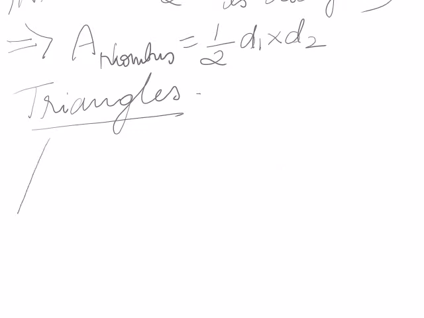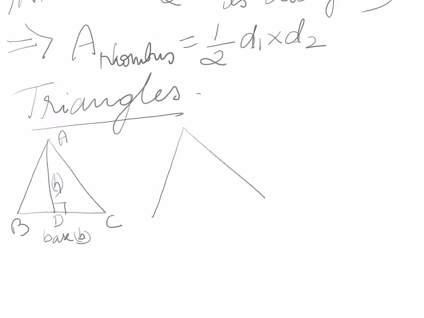Suppose this is the triangle A, B, C. AD is the perpendicular drawn from vertex A. So if BC is the base, then AD is the height, or altitude. If you take AC as the base, then BE, the perpendicular drawn from the vertex B, is the height.